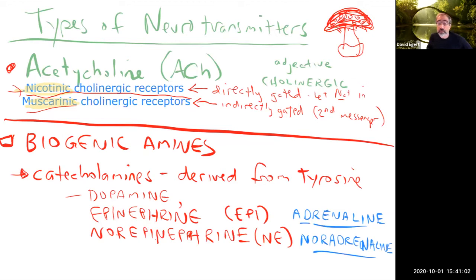These are just synonyms. Epinephrine is what we call it, but you can also call it adrenaline. Adrenaline and epinephrine are synonyms. Noradrenaline and norepinephrine are synonyms. In general, they tend to bind to the same receptors.